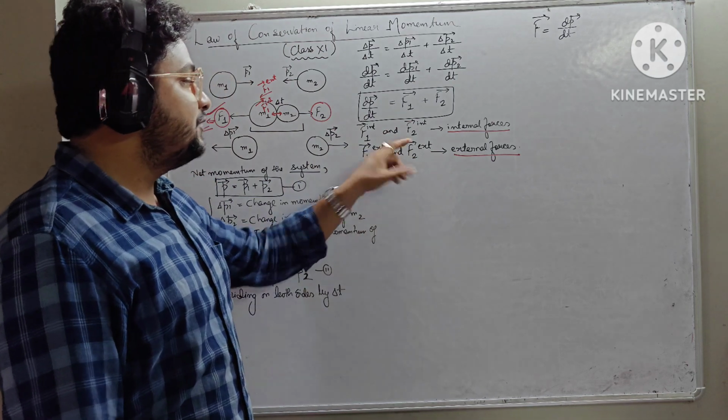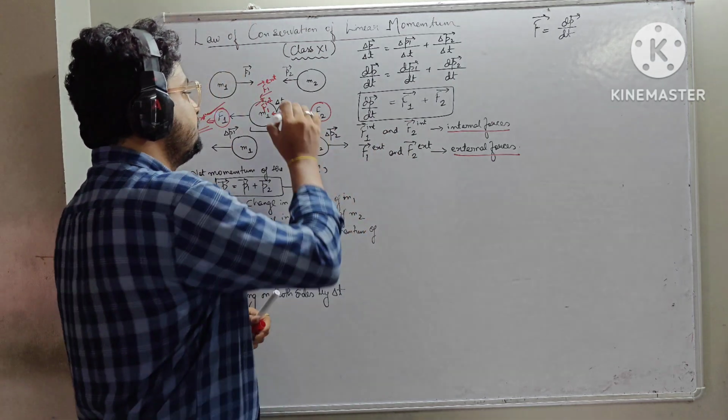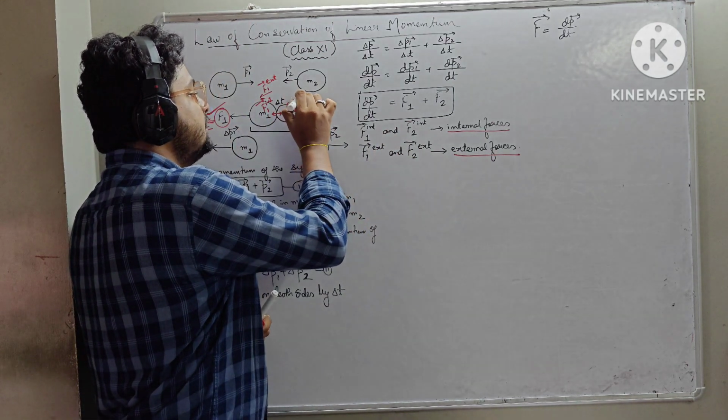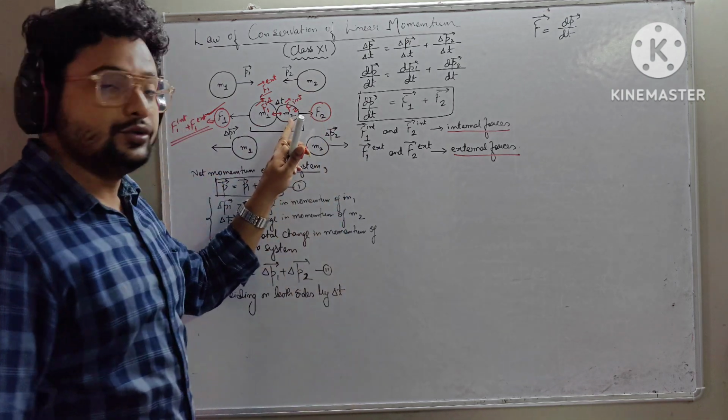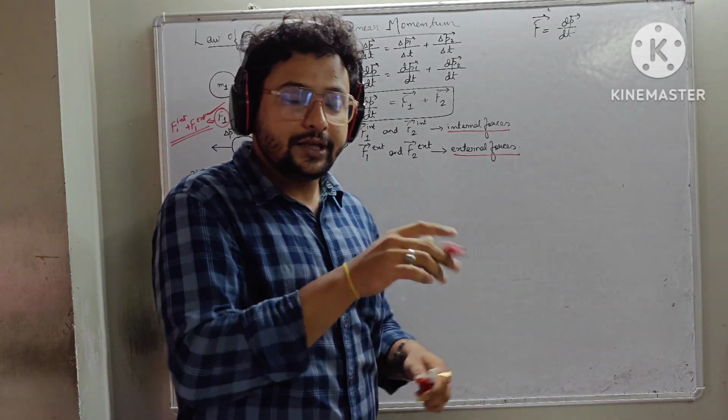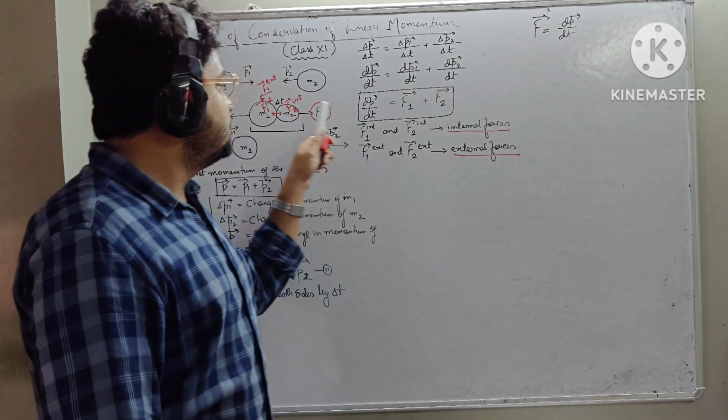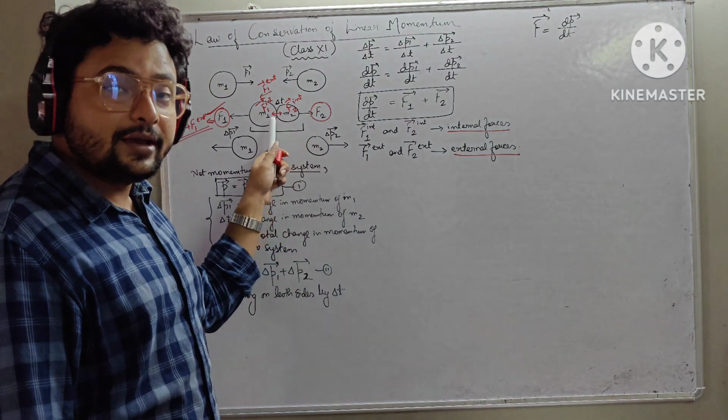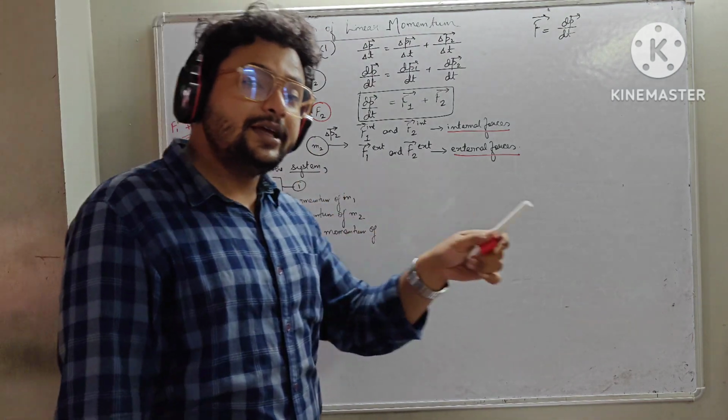The same goes for M2. For M2, F2 internal is the internal force which is acting on M2, which is given by M1. M1 is also pushing M2. So this is the internal force which is acting on M2, exerted by M1.